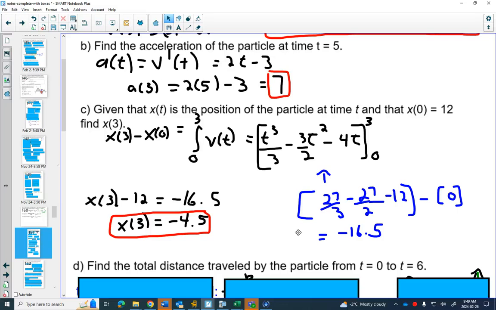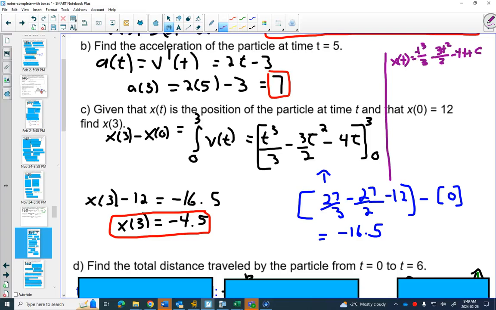The other way of solving for this, and I'll do it in purple here, is you could have actually found out, just using the indefinite integral, that x of t as an equation would be t cubed over 3 minus 3t squared over 2 minus 4t plus c. And because we know that when time is 0, that it's 12, you'd be able to solve that c is equal to 12.